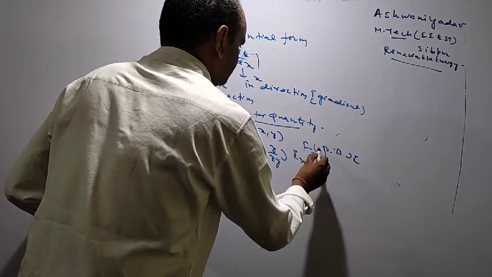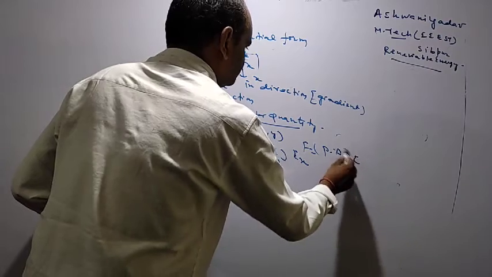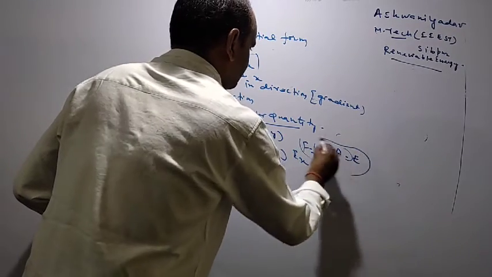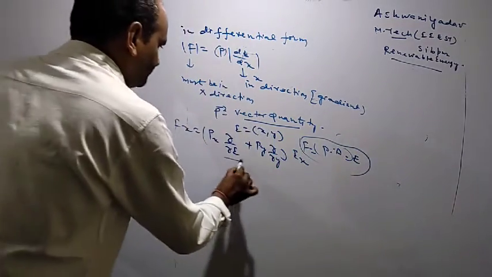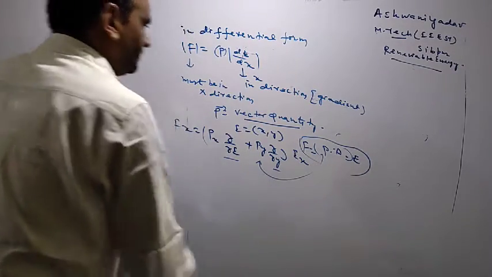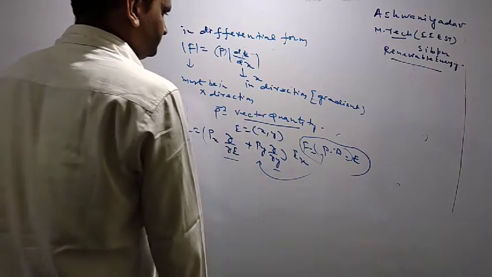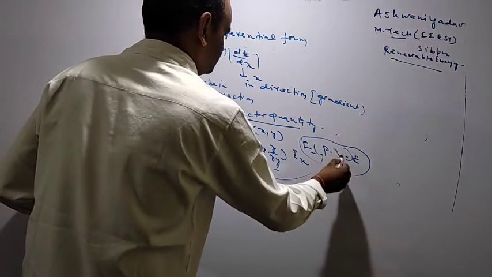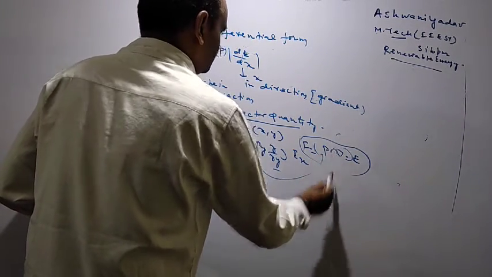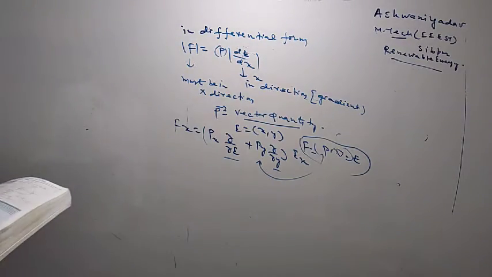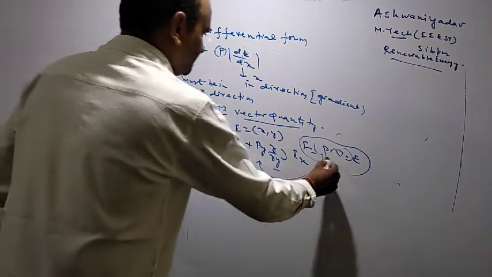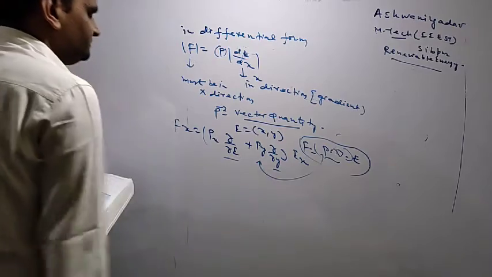This is the force, and you can understand this very easily, this is the expansion of this one. We are not going to discuss this mathematical operation, but you can easily understand this.